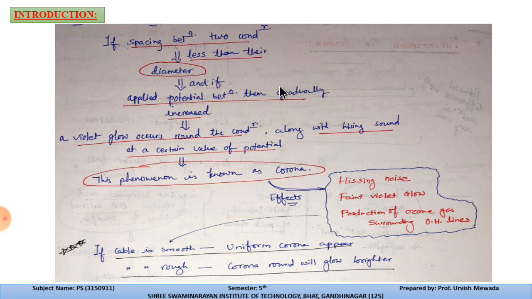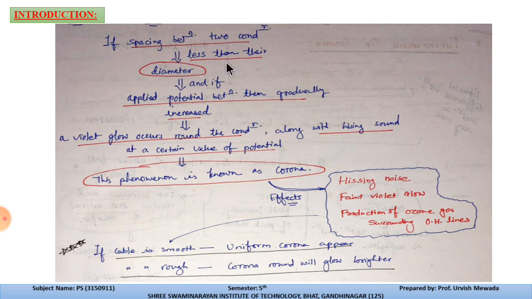if the applied potential between them is gradually increased, then a violet glow occurs around the conductor along with a hissing sound at a certain value of potential.